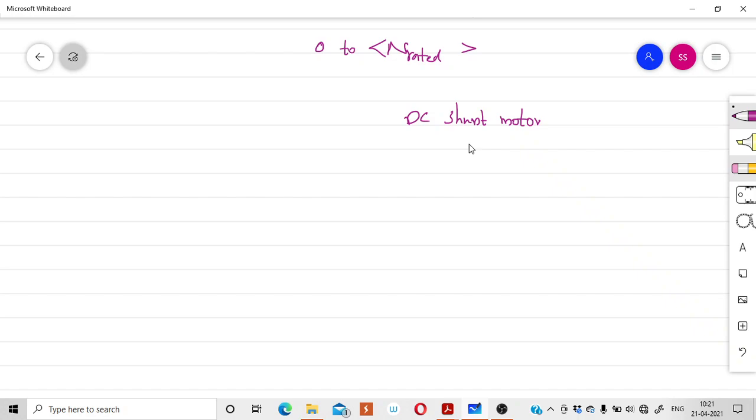So the transfer function of a DC servo motor in our lab experiment will be the transfer function of the DC shunt motor. So before going into the experiment, we have the DC shunt motor like this.